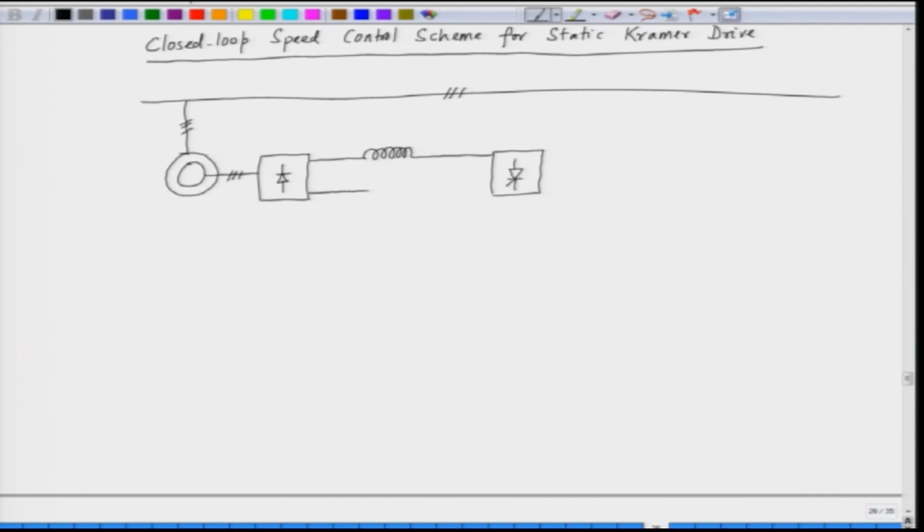So, we have the DC link here, this is I D, the DC link current, and this is the inductor, that is L D, and we have a transformer which is connected to the 3-phase converter and is feeding the power to the grid, thus it is recovering the slip power.